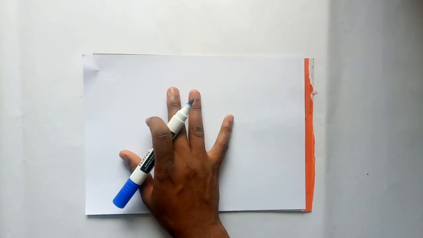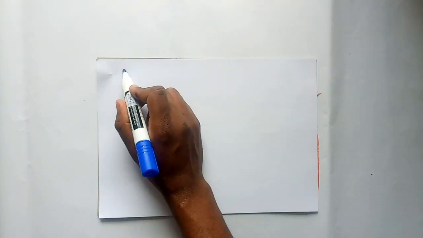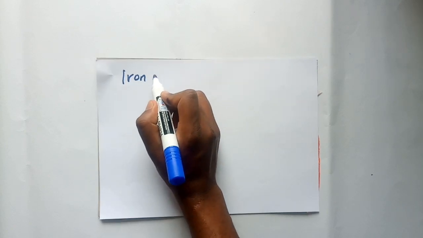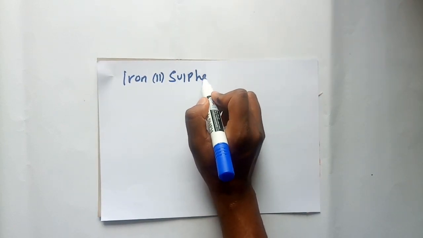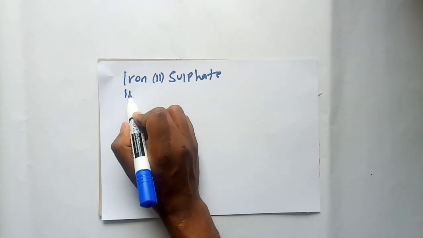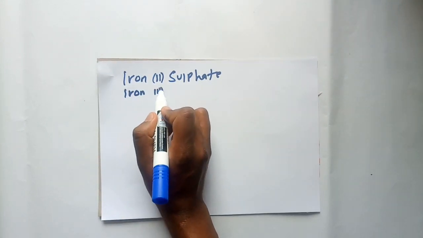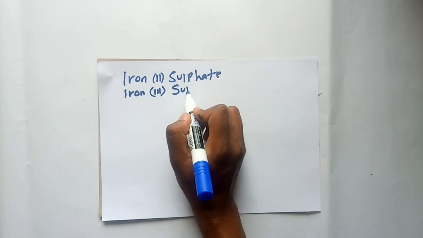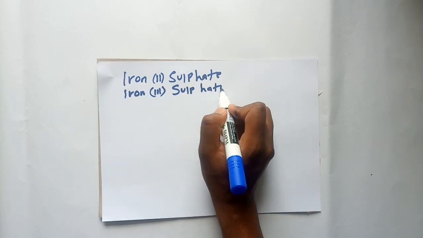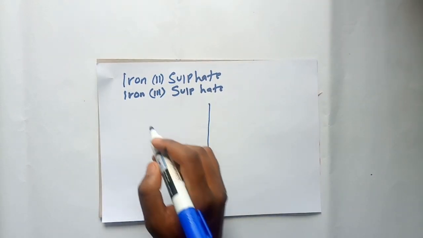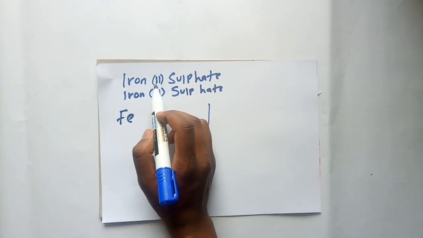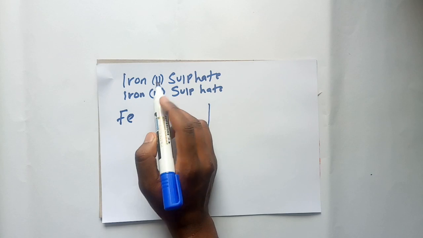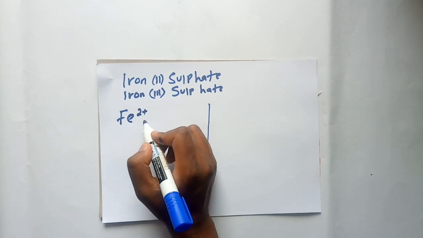Let us look at iron 2 sulfate and iron 3 sulfate. In our first case, iron has a valency of 2, as you can see, and so the charge is 2 plus.